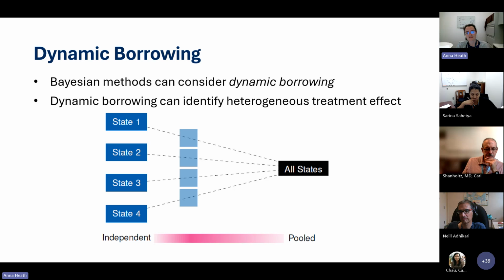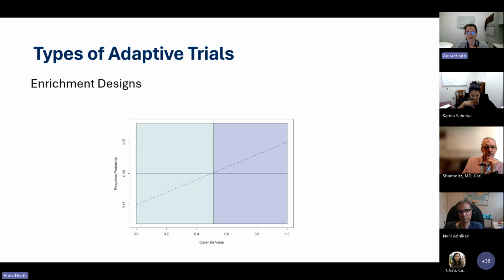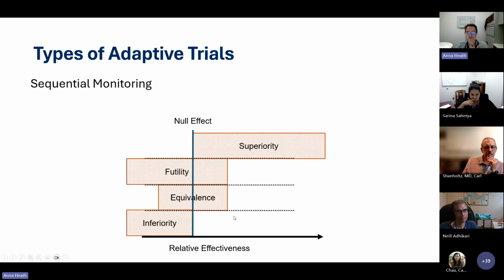And the advantage of this is that when you borrow, you actually get greater precision on your treatment effect estimates. So your posterior distributions have lower variance, which again intersects with this idea of sequential monitoring. It allows you to potentially conclude superiority or futility faster, because you'll have more probability on either side, either the superiority side or the futility side.